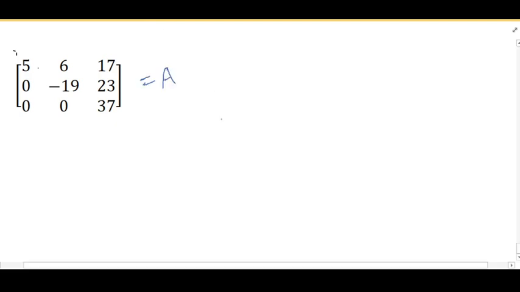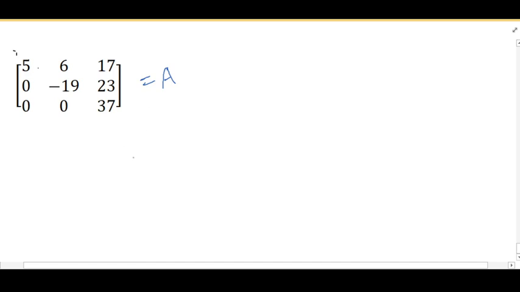From our concept, we will use the 3x3 identity matrix, and lambda will be used in the 3 by 3 matrix in this case.